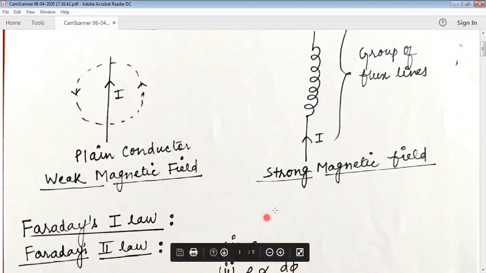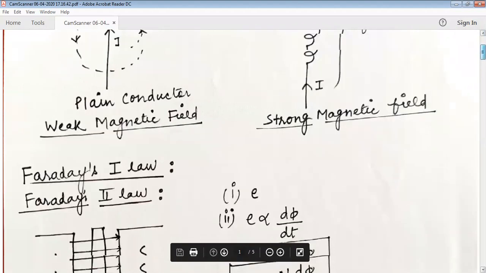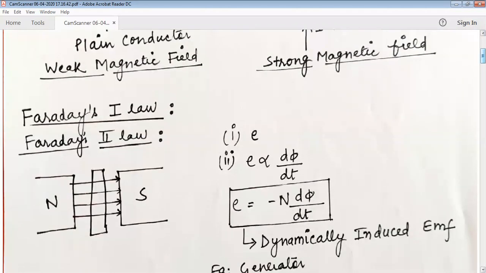Faraday's second law states that the EMF induced in the conductor, because of the flux, is directly proportional to the rate of change of flux.